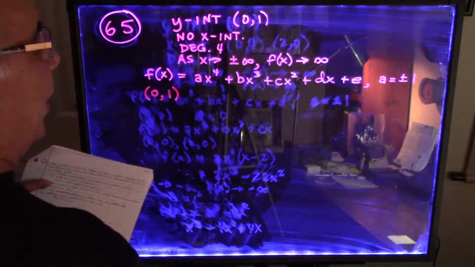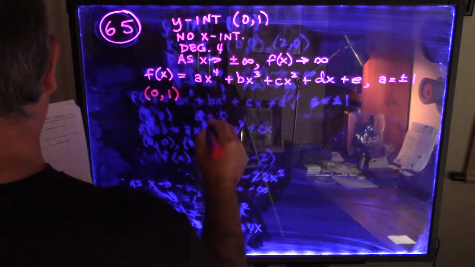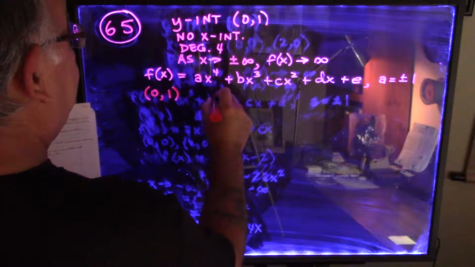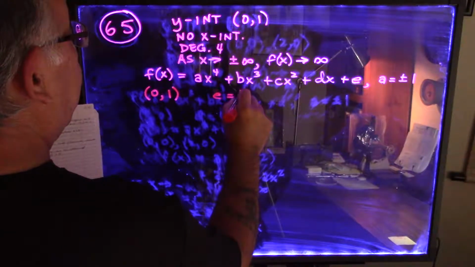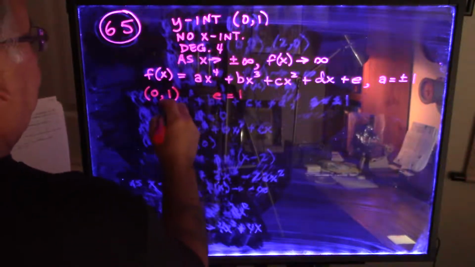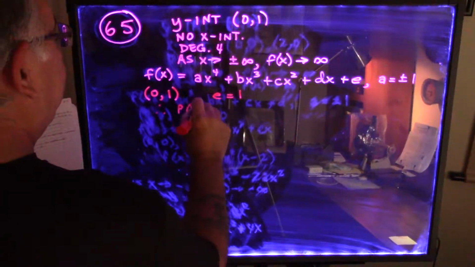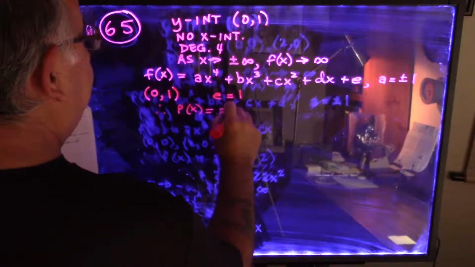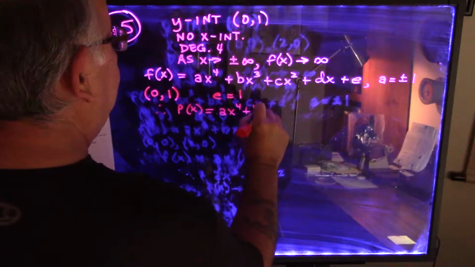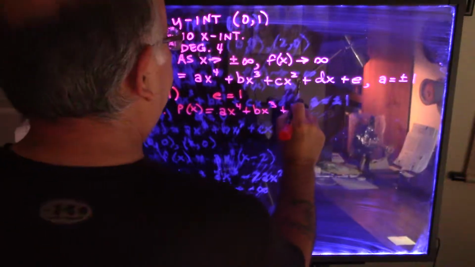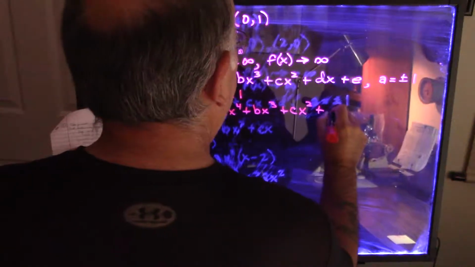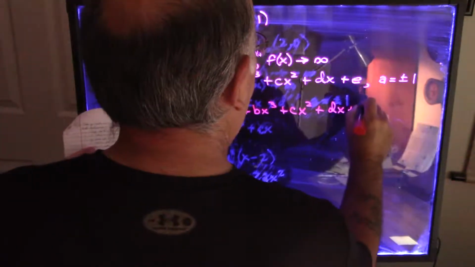All you have left is e, and that must be 1. So e equals 1. All right, so what do we know so far? Therefore, f of x is equal to ax to the 4th plus bx cubed plus cx squared plus dx plus 1.